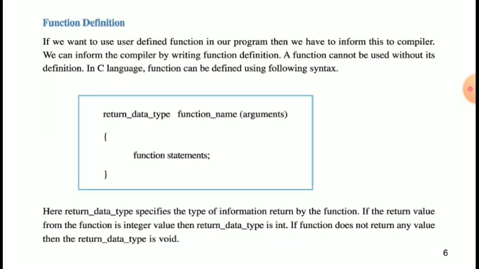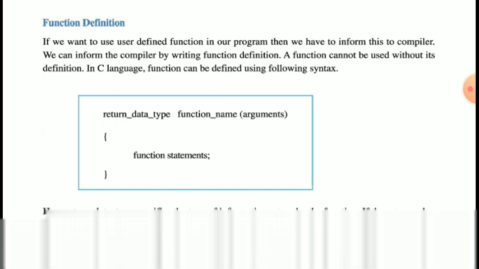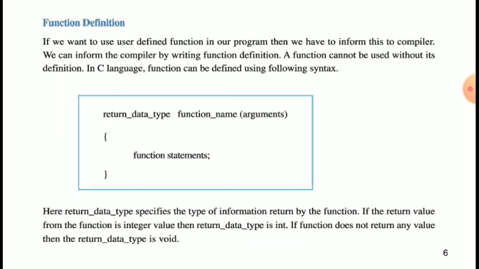Next topic is function definitions. If we want to use a user defined function in our program, then we have to inform this to the compiler. We can inform the compiler by writing function definitions.